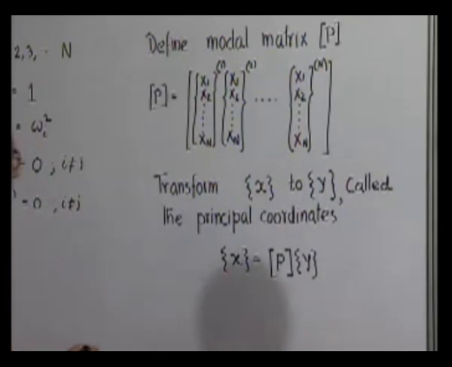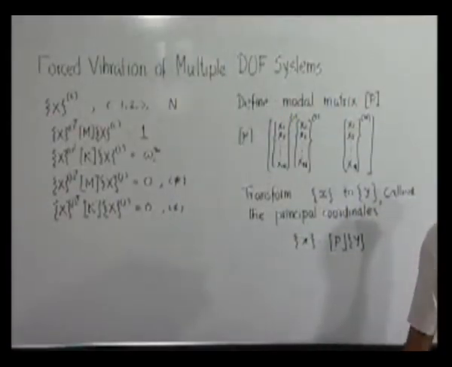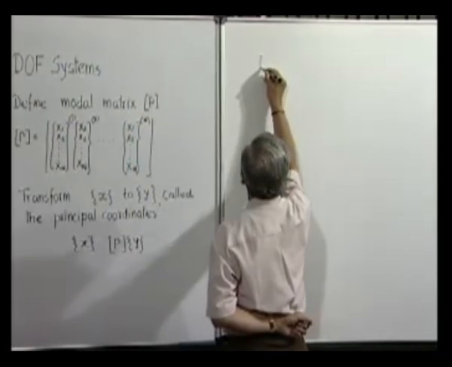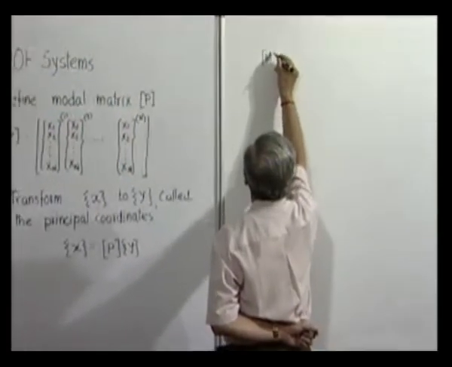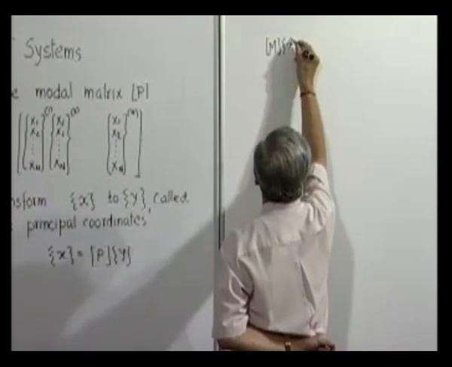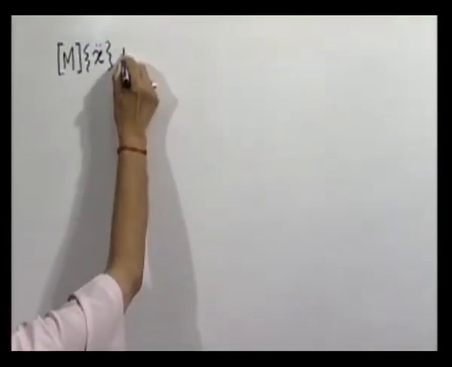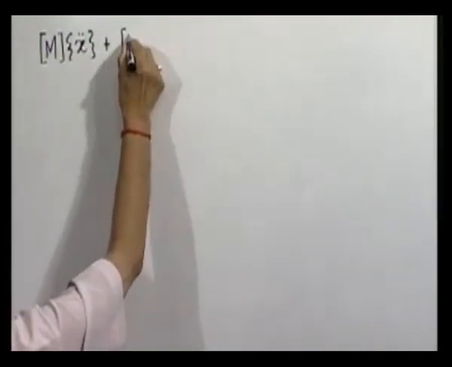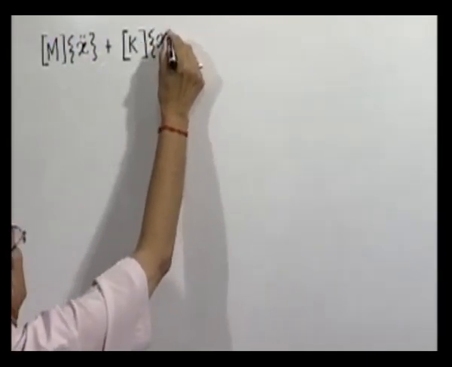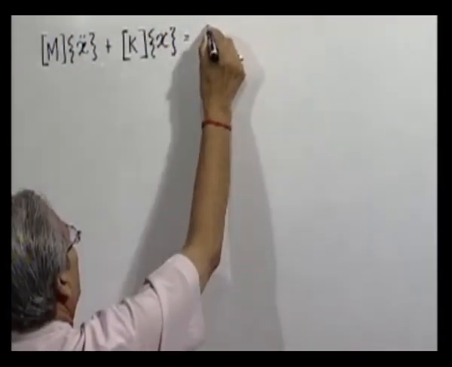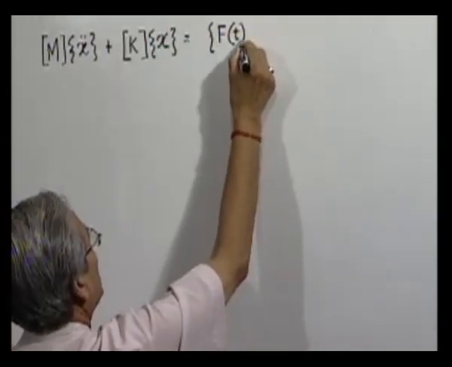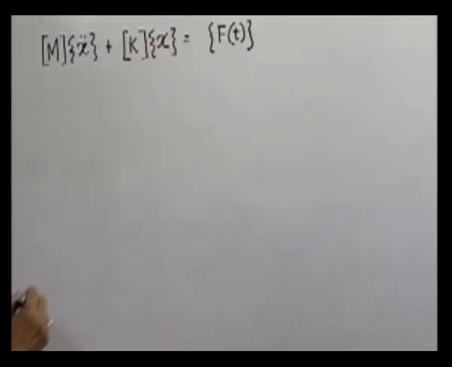Now, we know our equation of motion. The equation of motion was this, and this is the forcing function.